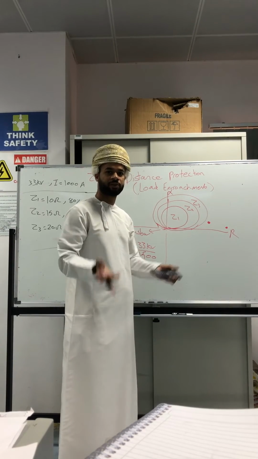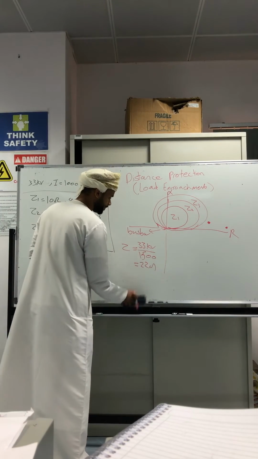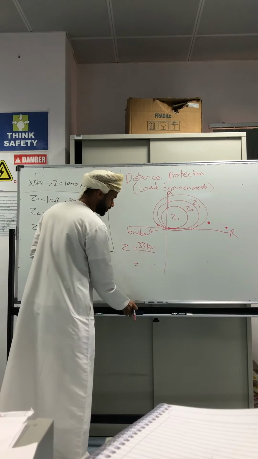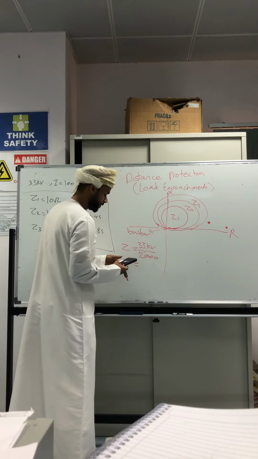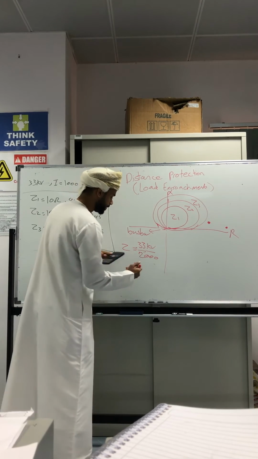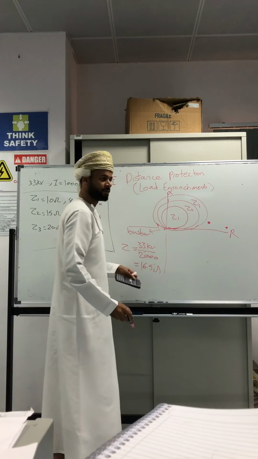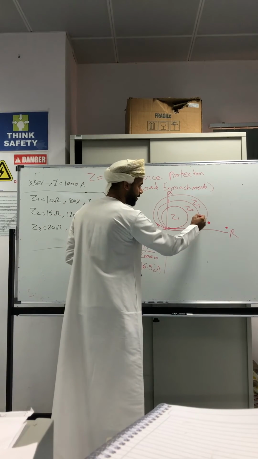Now assume it is increased to 100%, so it will be 2000. The answer will be 16.5 ohm. Now this is located in zone 3 here.